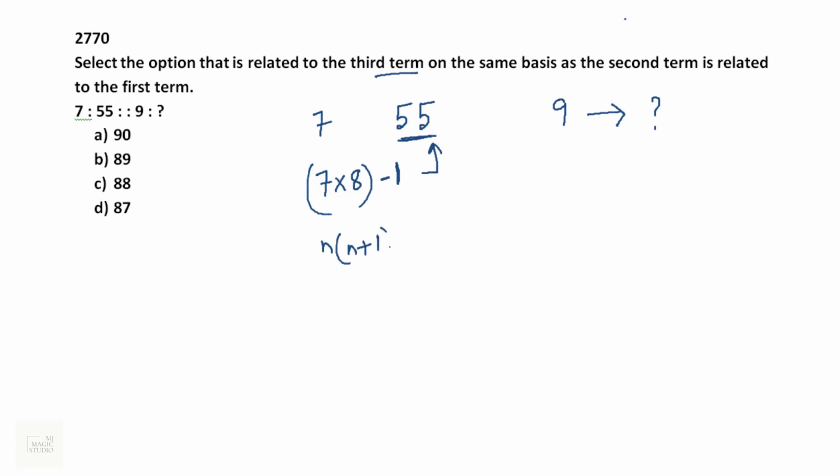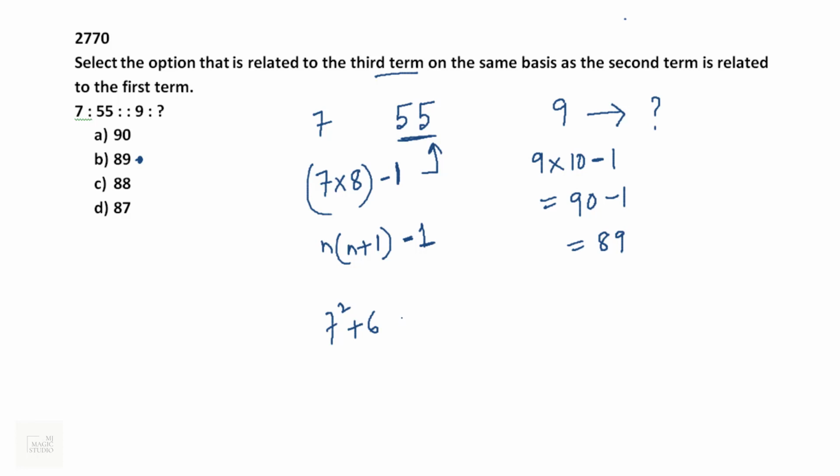That is n into n plus 1 minus 1. And if I do here 9 into 10 minus 1, that would be 90 minus 1, 89, and 89 is there in the option.